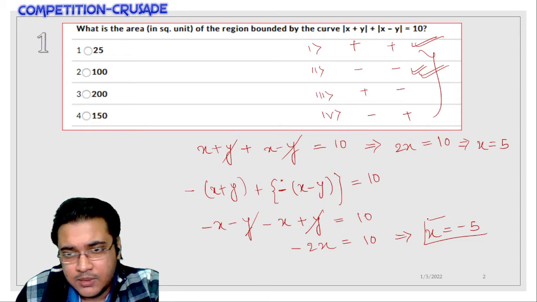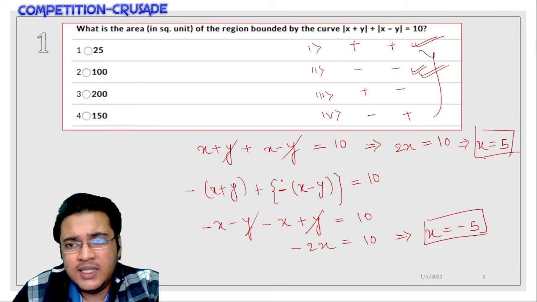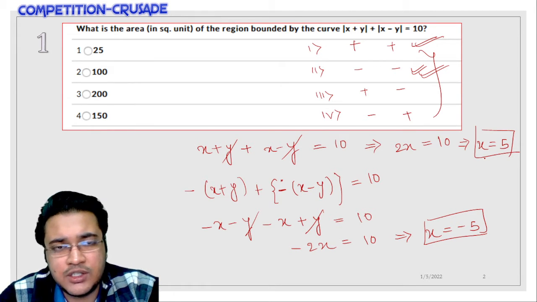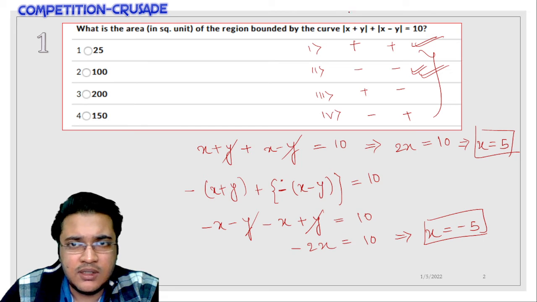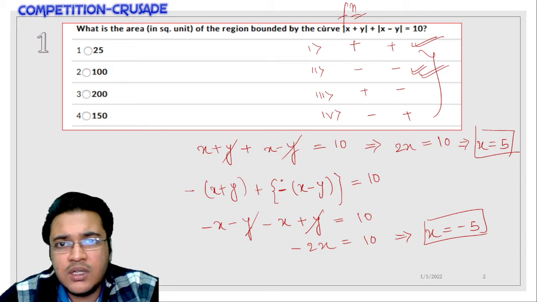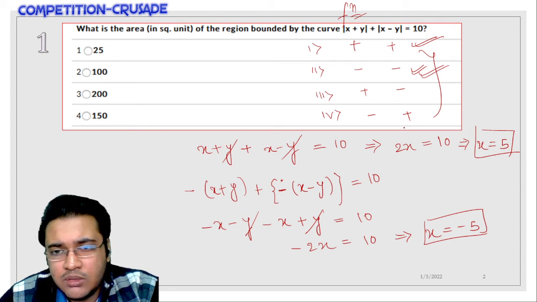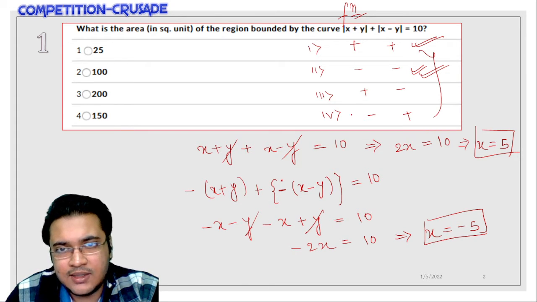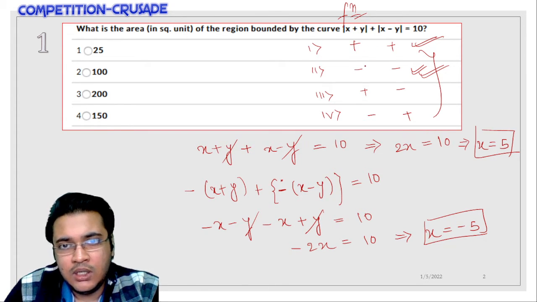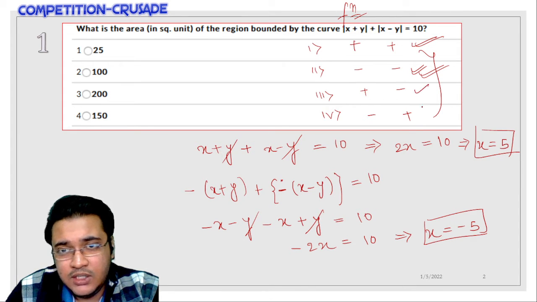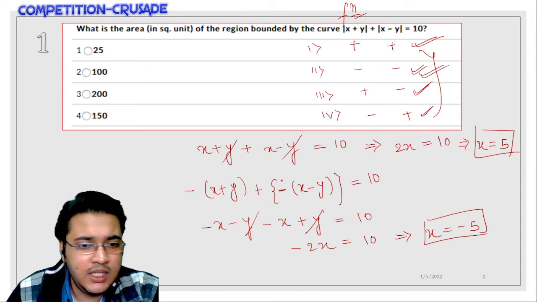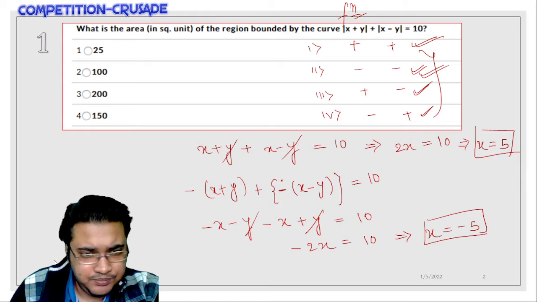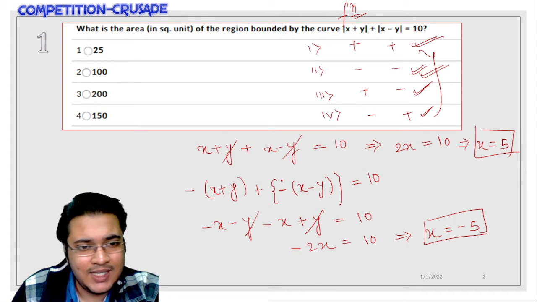Now please remember, this is a pretty symmetric function. So you will realize that initially the y's get cancelled. Now for these two conditions, it's pretty obvious that this time the x's will get cancelled.